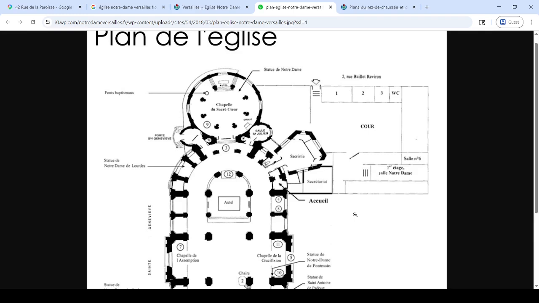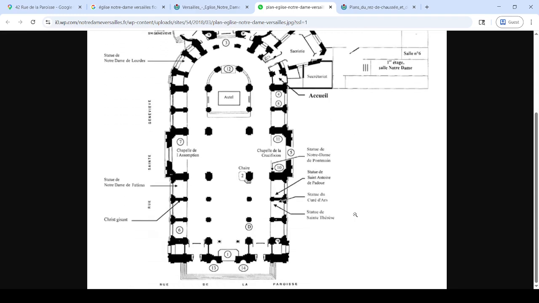We see that there's a chapel in the back, a circular chapel. So this will help us to lay out the footprint of the building in our city. And then we just go up based off of estimates on the height, what works.